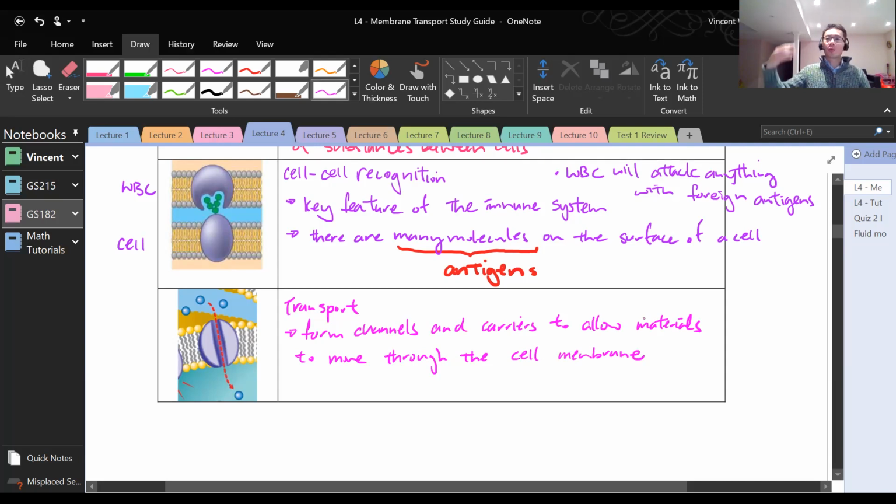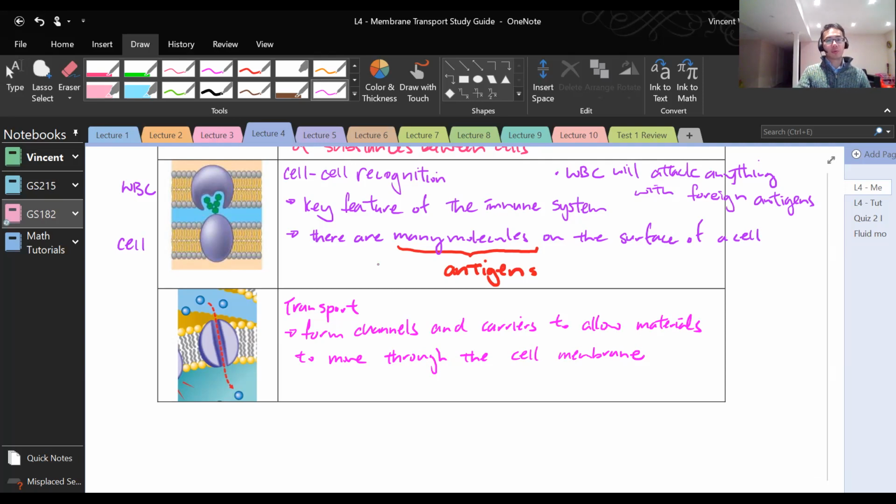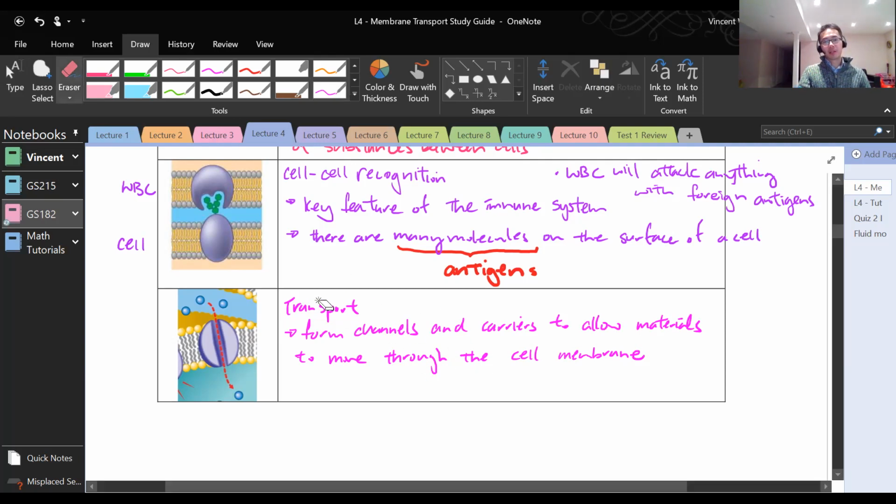Okay, so things that otherwise would not be able to cross through, then we would rely on these transport proteins.